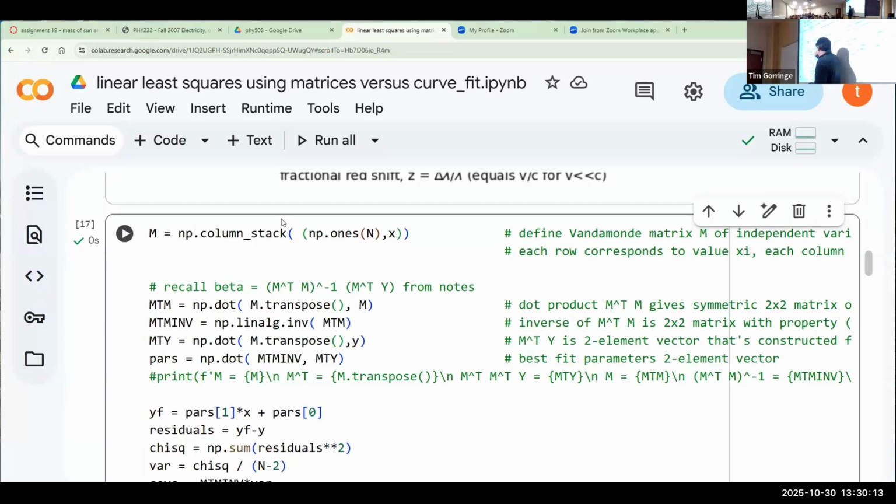The arguments are the 2 matrices, one is the transpose of M and one is M. I'm using this matrix method to calculate the transpose of M from M. So this is M transpose M. I want the inverse of that, and so I've got to calculate the inverse of that.